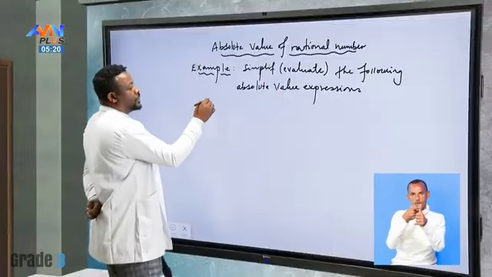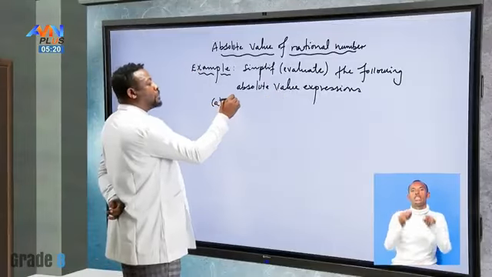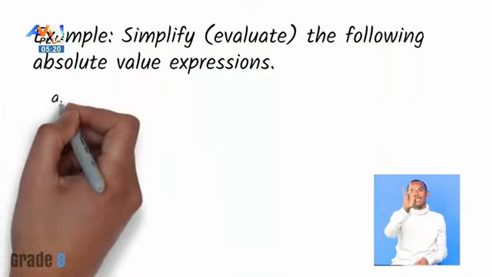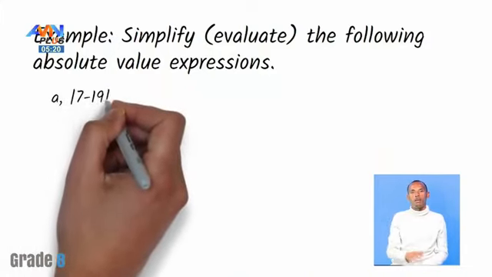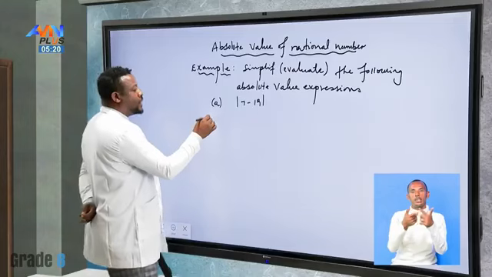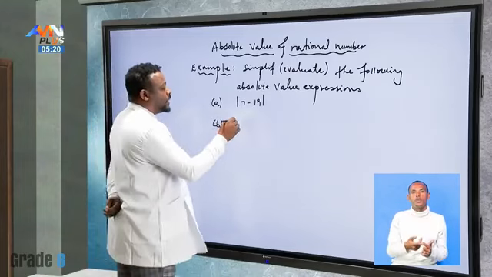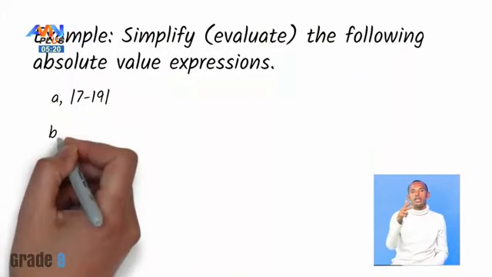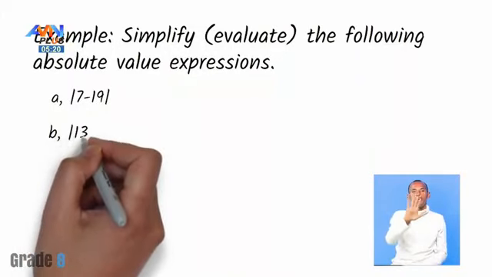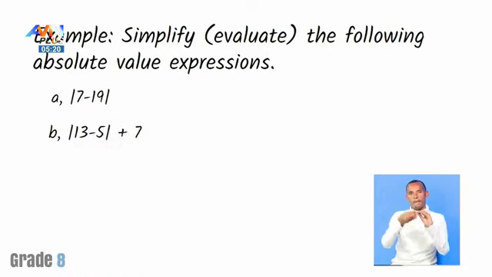Okay, the first expression here is the absolute value of 7 minus 19. The second one, the absolute value of 13 minus 5 plus some other number.